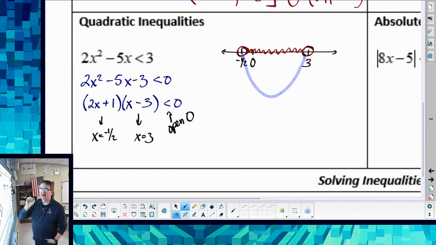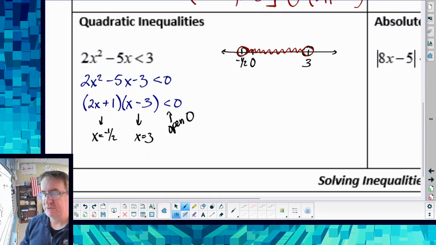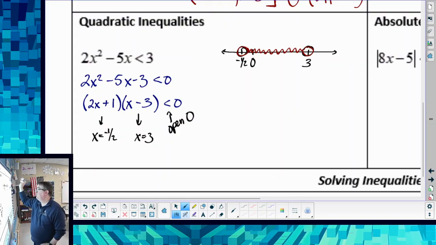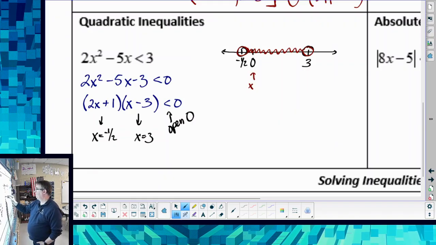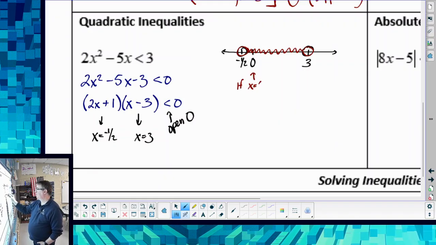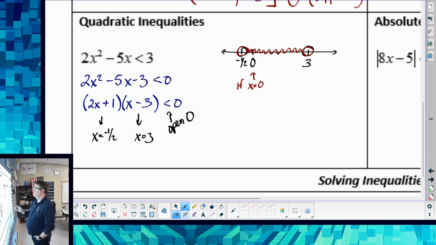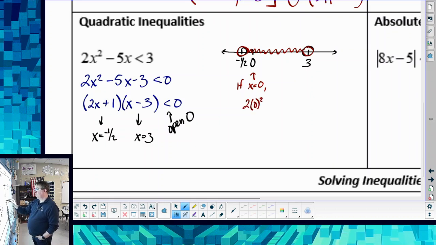Now to verify that, or if your teacher requires you to do this, or sometimes I'll just have students do this, particularly with rationals, it's helpful. You can test points in each of the different sections. So if x equals 0, it could be 0, 1, 2, anywhere between -1/2 and 3. I'm just going to plug 0 into the equation.